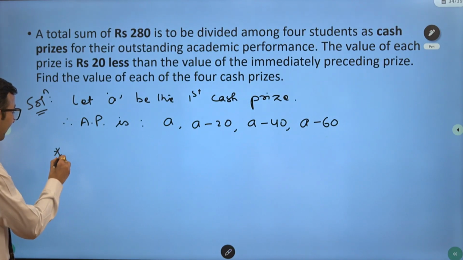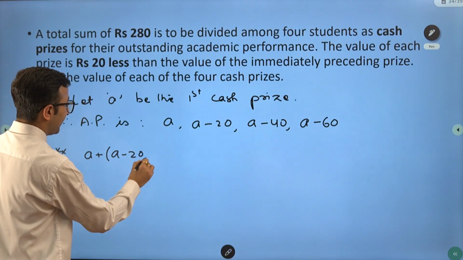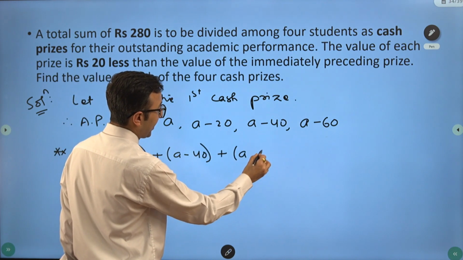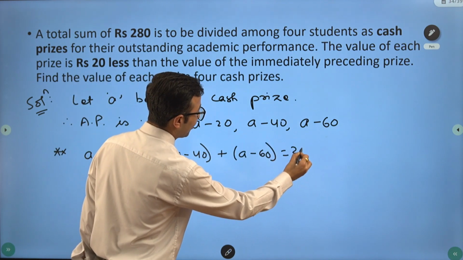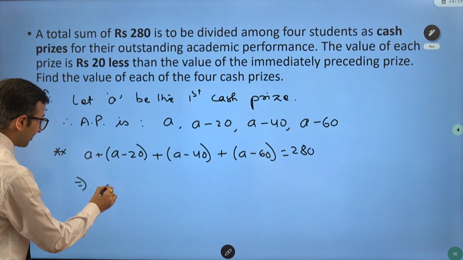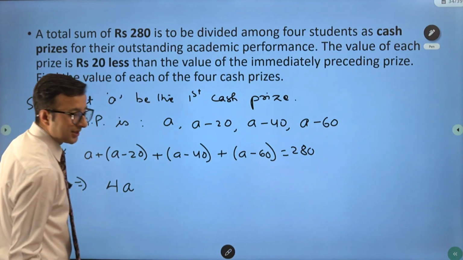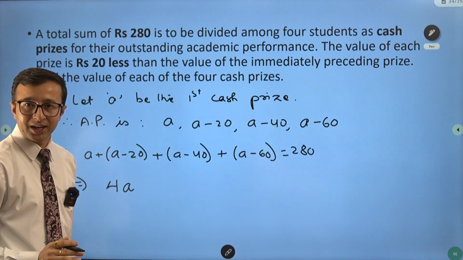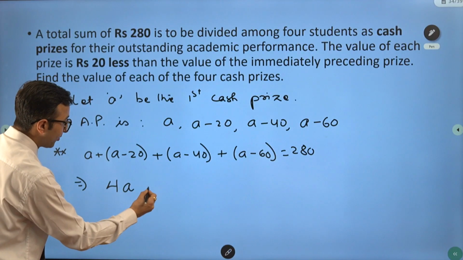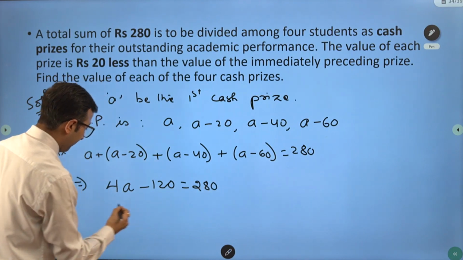First, without using any formula: a plus a minus 20 plus a minus 40 plus a minus 60 is equal to 280. So just count it down. There are 4 a's, so we can write 4a. Minus 20, minus 40, minus 60, all have the same sign, so we add these numbers: 60, 40, 120, it will be minus 120, which is equal to 280.